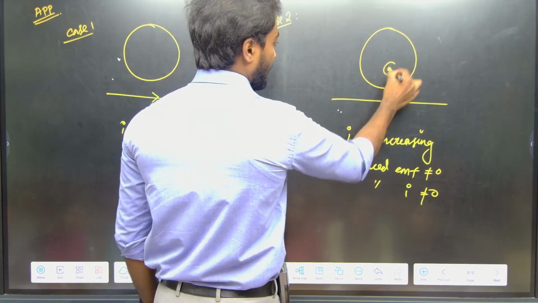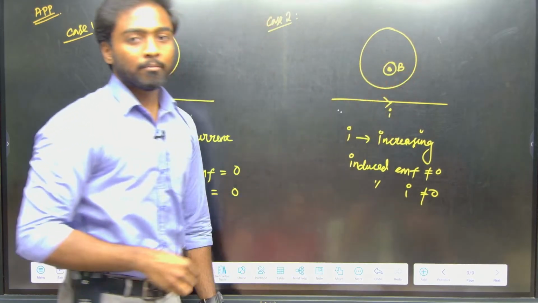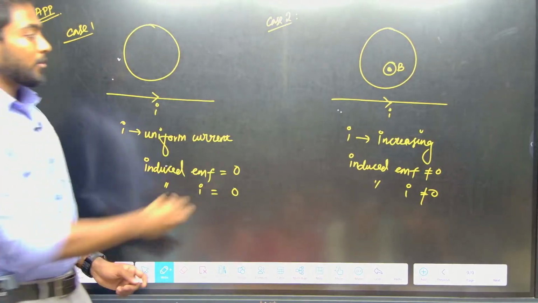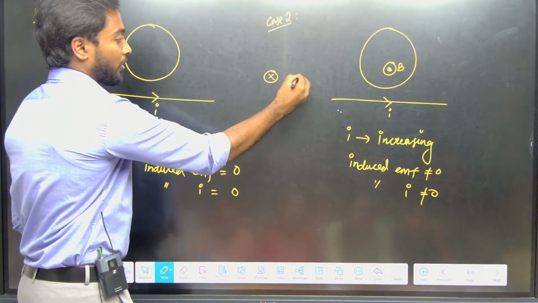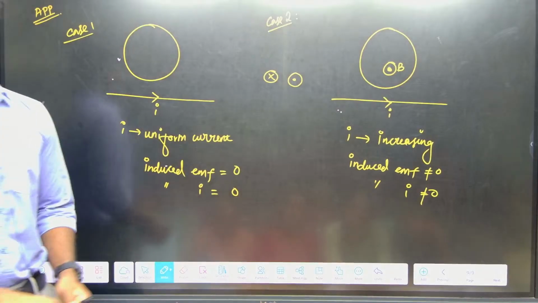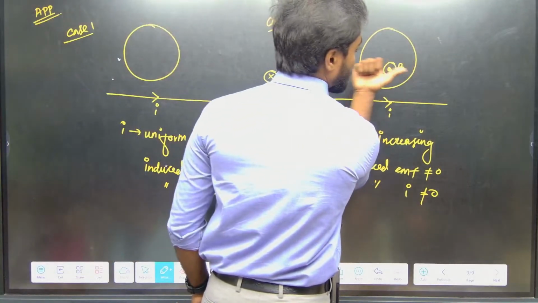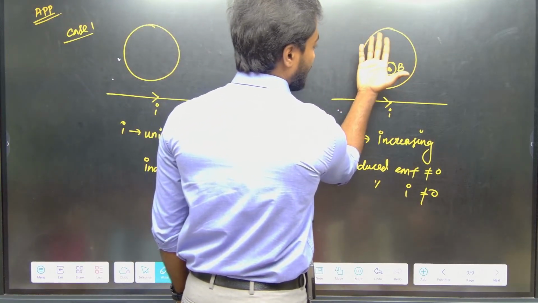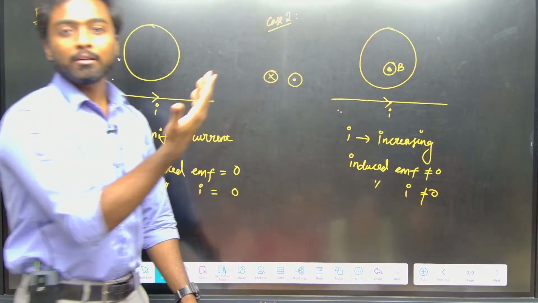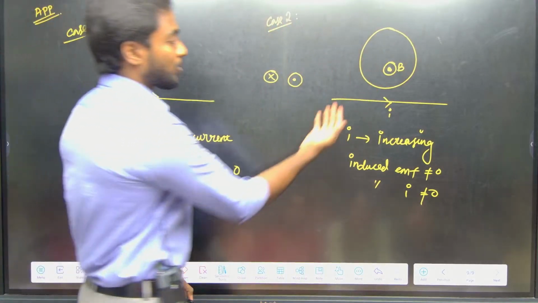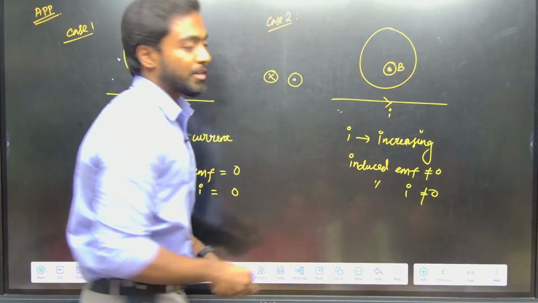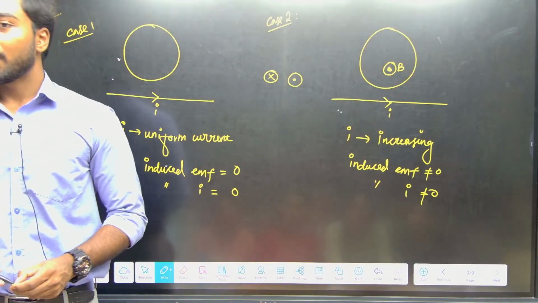Inward it is a cross mark, outward it is a point. The thumb denotes the current direction and the palm denotes the magnetic field direction. So I am curling my palm towards me, which means the magnetic field will be outward.